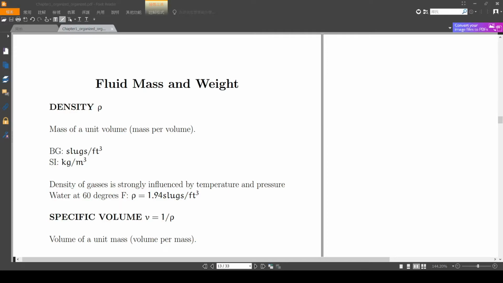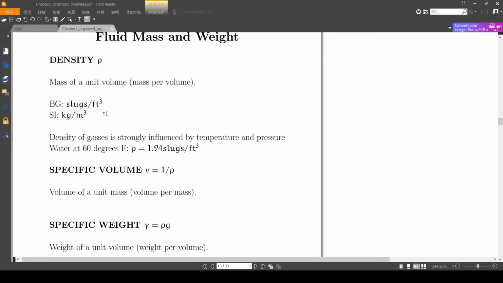The first is the density, because the definition of the density is the mass per unit volume. If we want to compare whether this fluid is heavier than that fluid, then you could compare the density. And this is the unit of the density.